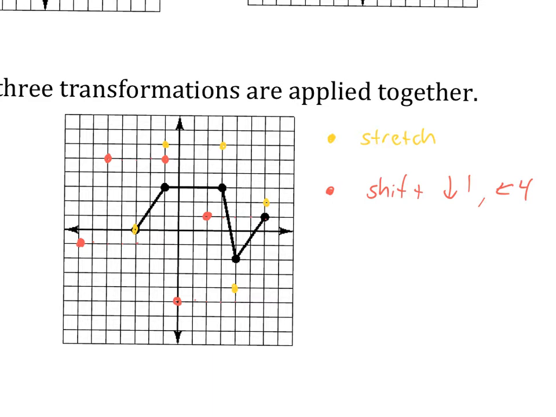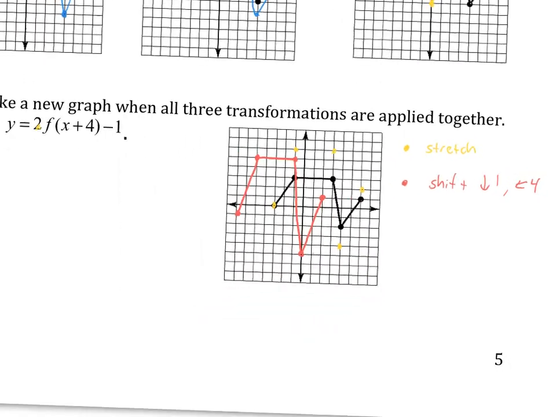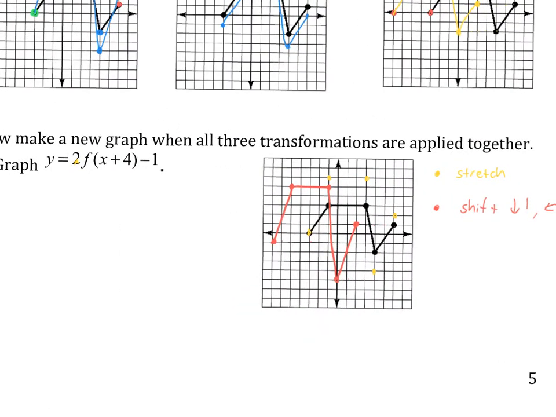It's just been shifted down and left. So I'm going to go ahead and connect those dots real quick and get our final result. And that's our result for all, however you interpret it, both the scaling and the shifting occurring.